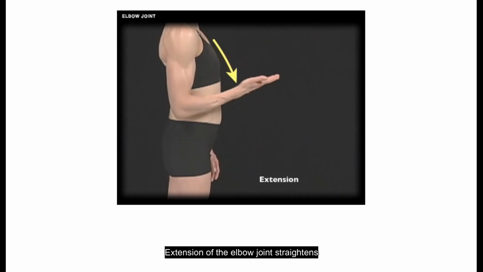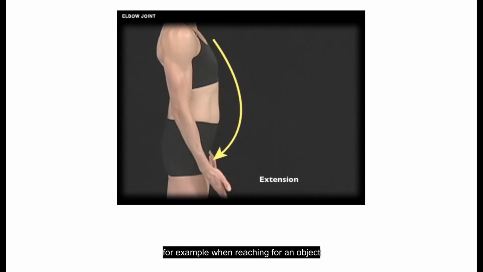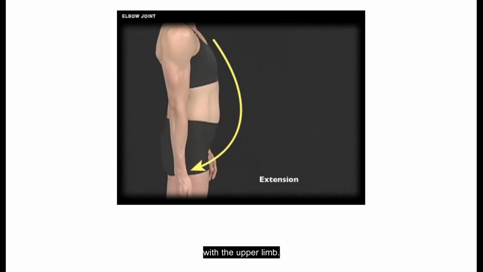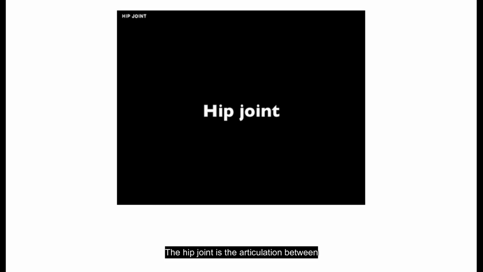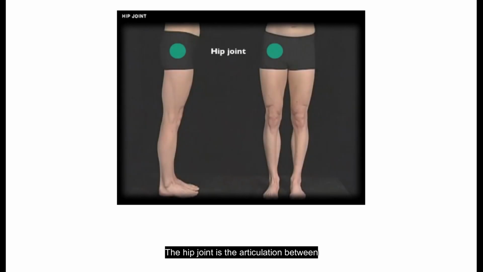Extension of the elbow joint straightens the elbow, for example, when reaching for an object with the upper limb.